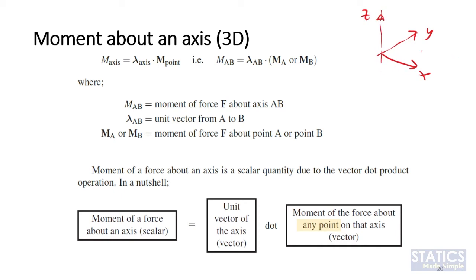When we have a rigid body, for example, this is your rigid body. We have 2 points here, point A, point B, and let's say you apply a certain force F within this xy plane.